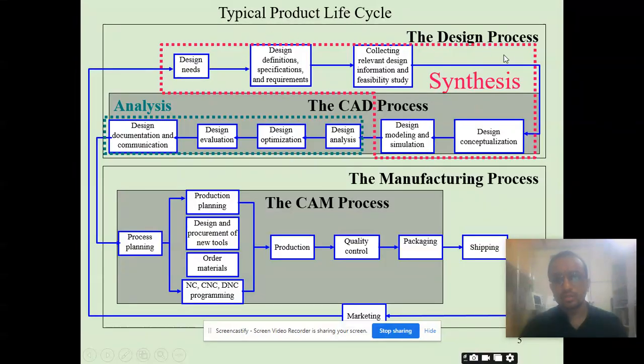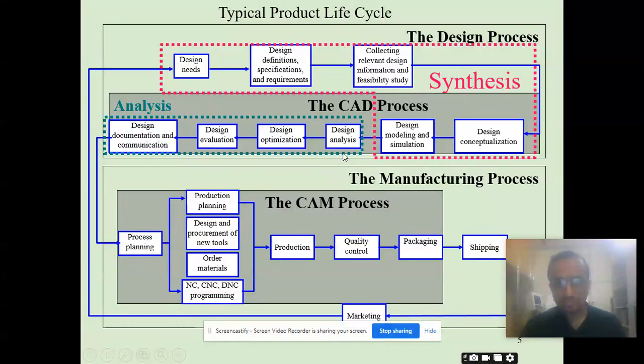This all comes under your synthesis. Now after synthesis, when the design model is ready, the simulation model is ready, then what we'll do? We'll do the analysis, then optimization, and then evaluation, and then afterwards the proper design documentation and communication for the further process.